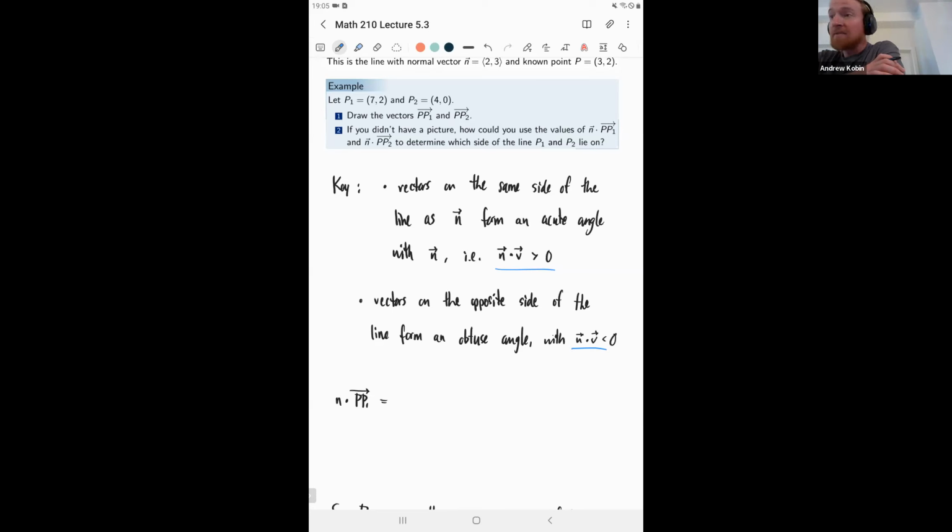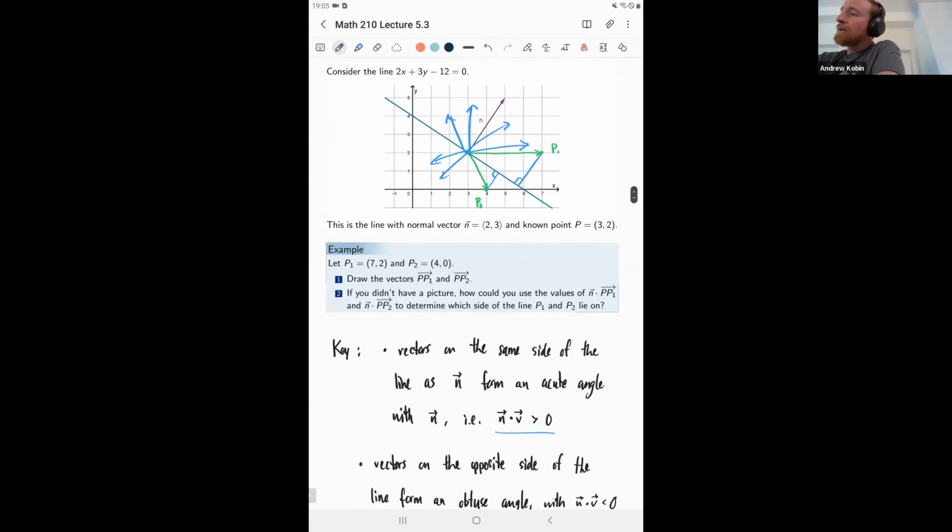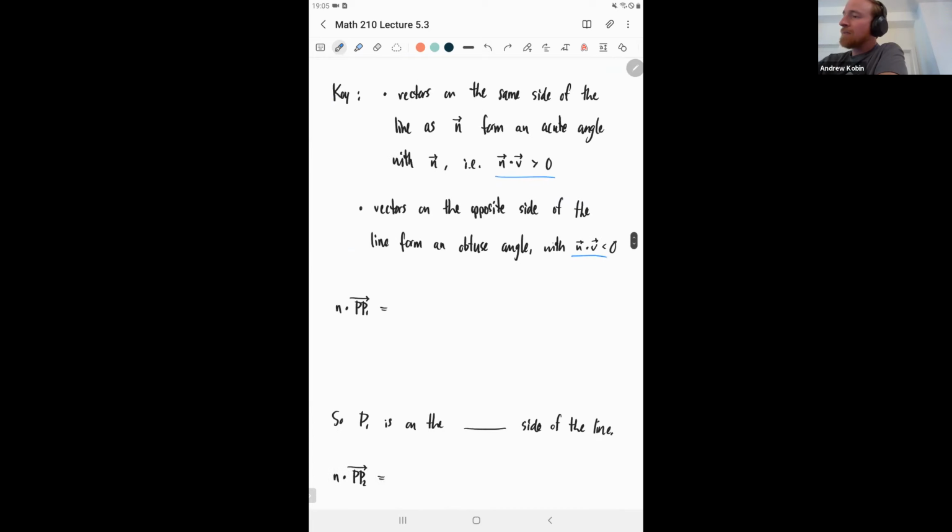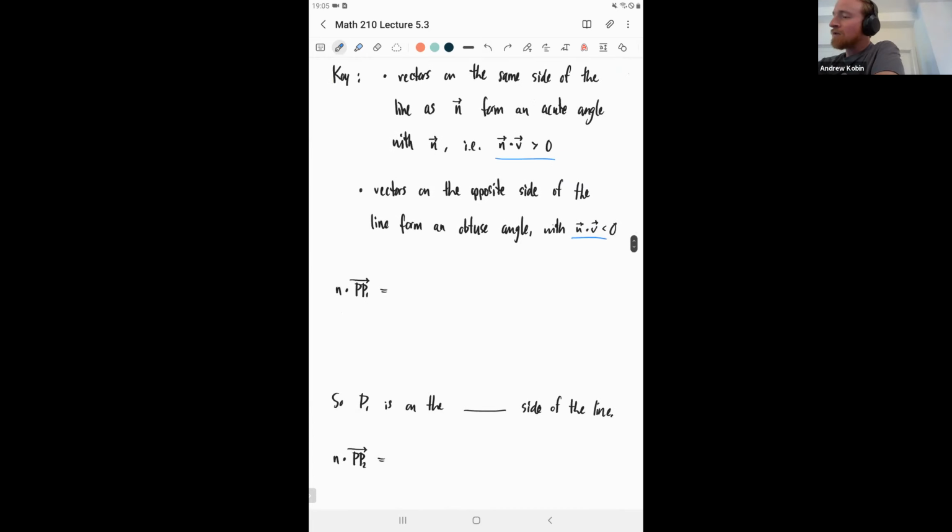The dot product, by the way, is 0 if they form a right angle, which would happen if our point actually was in the same direction as n when we start n with its tail at P, which doesn't happen in this case. You can see the points P1 and P2 are in different locations, but that's the idea. So let's compute these dot products and see if they give us obtuse or acute angles.